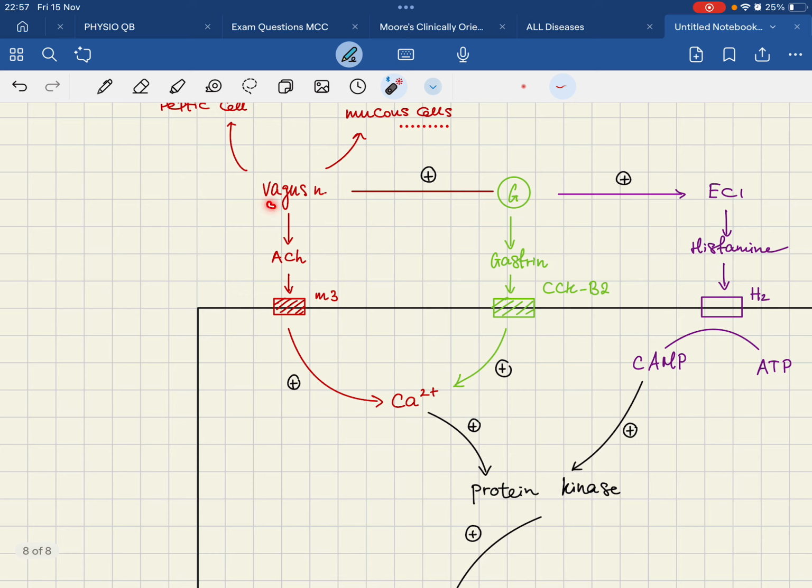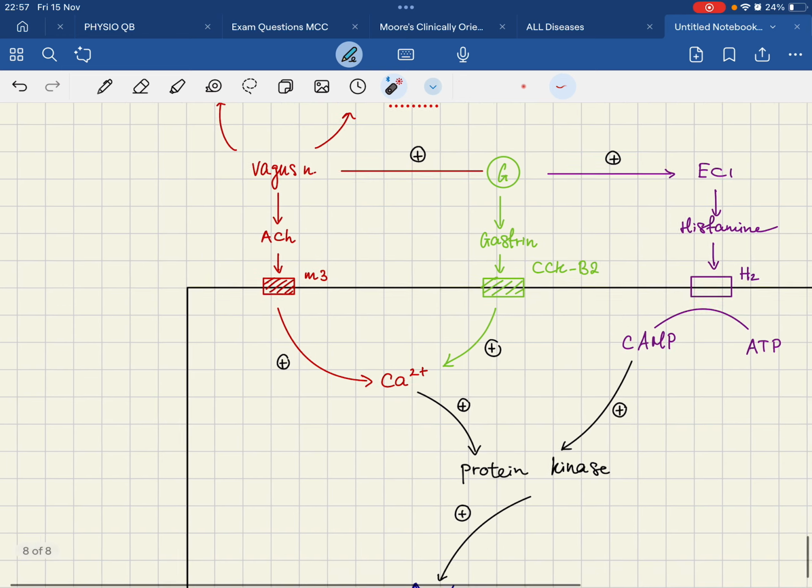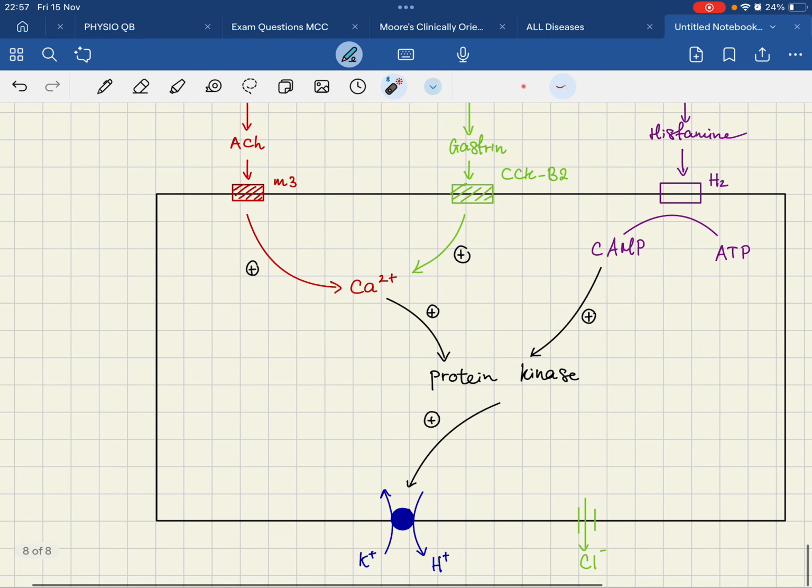So again, we will have the stimulation of the vagus nerve, which will stimulate the formation of acetylcholine. So what will acetylcholine do? It will activate this receptor, which is called the M3 receptor. What will this receptor do?